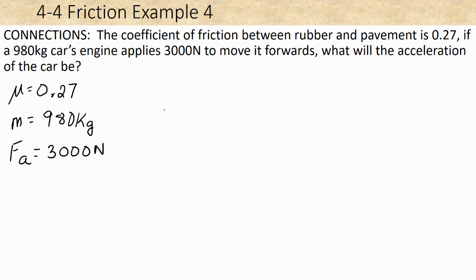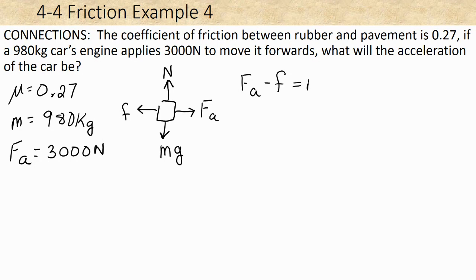The next step, draw our free body diagram. It's actually going to be identical to the last one we drew. And so what's nice about that is that our net force equation is actually going to be virtually identical. The only difference is that in this case, the net force is going to be mass times acceleration in the x direction. In the y direction, it's still going to be 0.